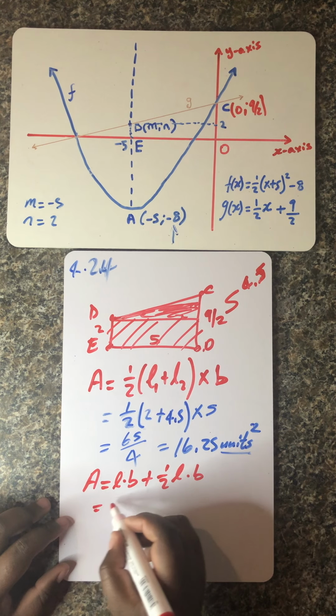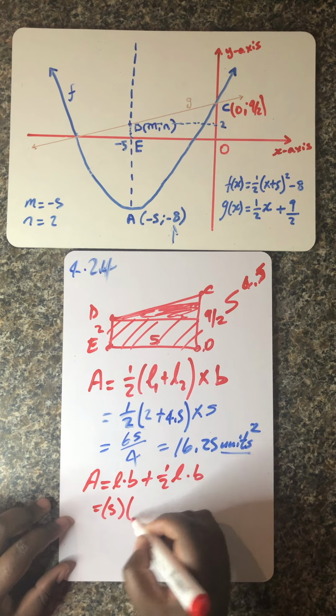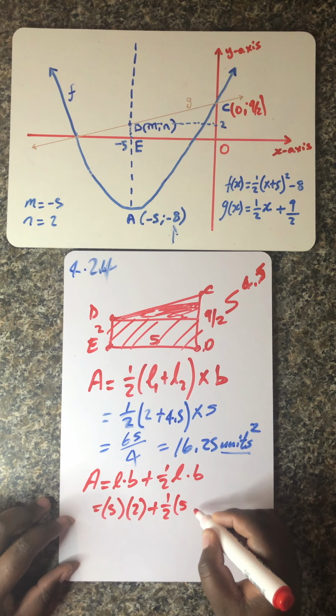Obviously your length there is 5, and your breadth is 2, plus 1 over 2 into L. What is your L? There is your L, which is 5.